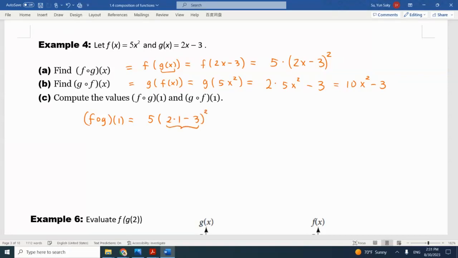What's 2 times 1 minus 3? Negative 1 squared is 1. So 5. And here, where you put the dot, 5 times 1 is 5. Don't put your dot here; if you put your dot here, this is 5.1. Okay, everybody?